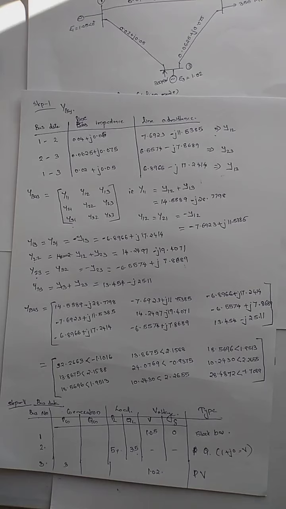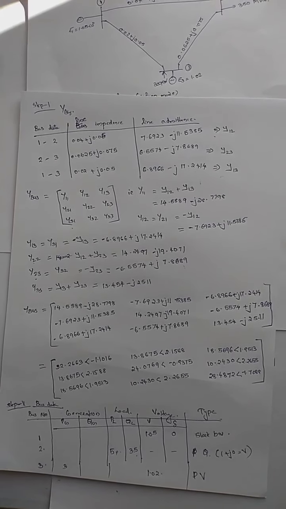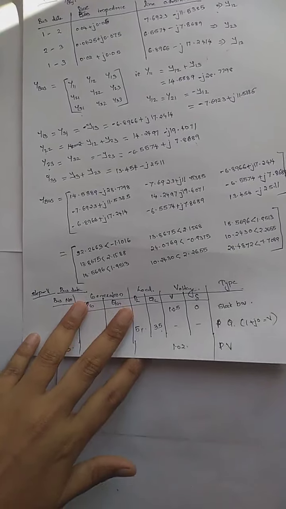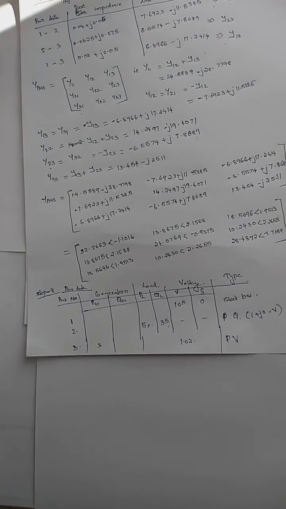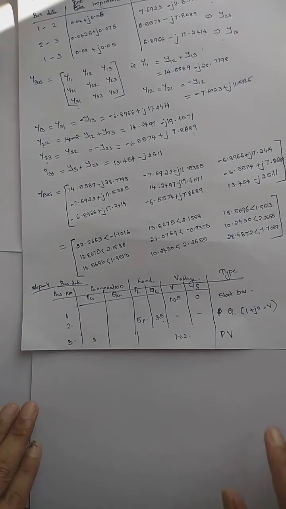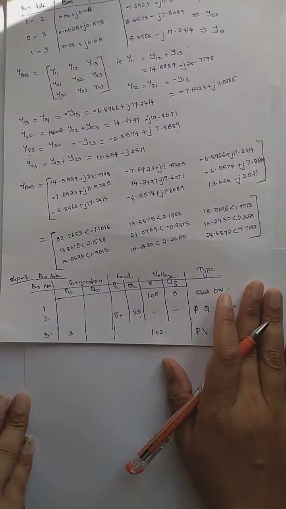Next, in the step 3, what we have to do is we have to find out our delta P, delta Q values. Okay, so how will I calculate my delta P, delta Q values?